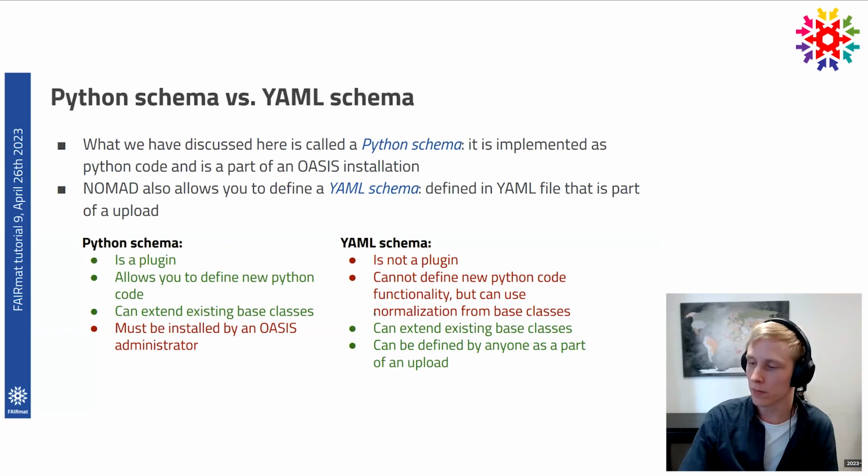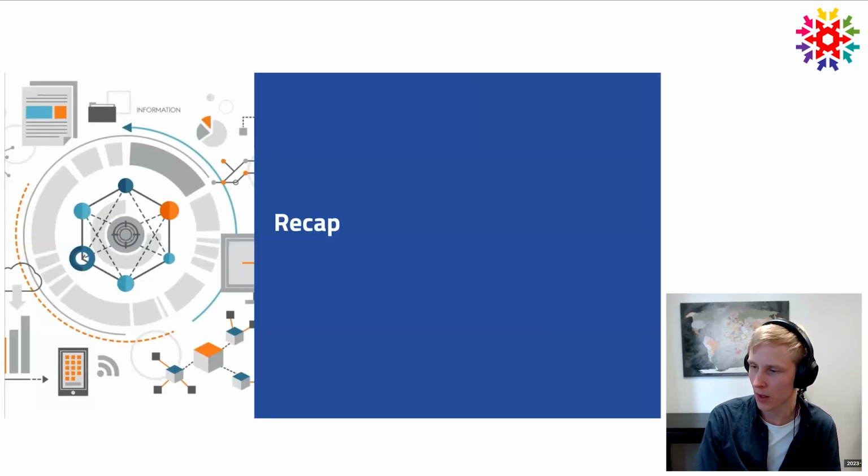Both of these can be used to extend existing base classes. But the difference with the Python schema is that it must be installed and accepted by an Oasis administrator, whereas YAML schemas can be uploaded by anyone because they're not as dangerous, but also not as powerful as the Python schema.